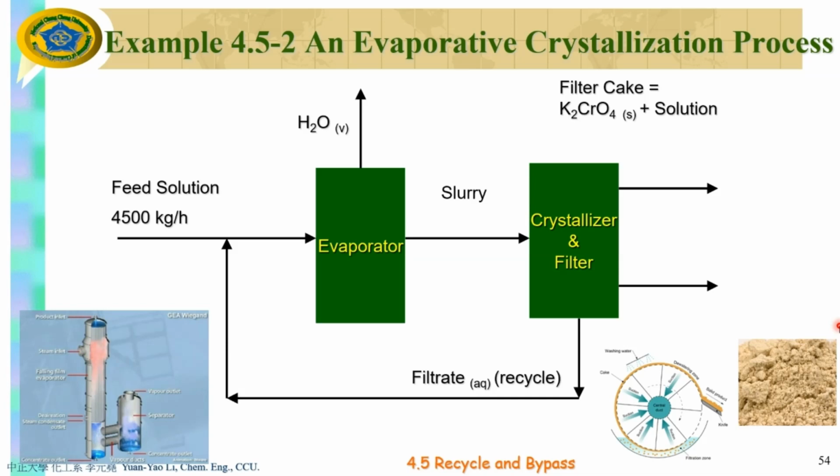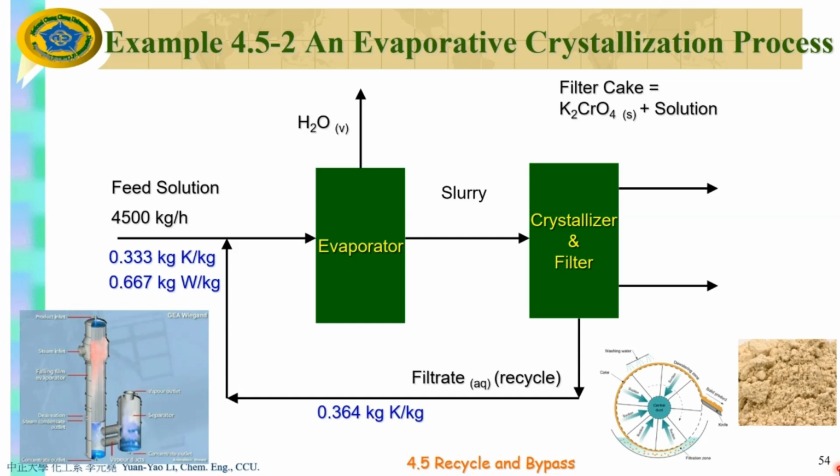Okay, and then let me see. So in the book, this is what we just learned, right? This is 1/3 potassium chromate in this solution. So it's 33.3% potassium chromate and 66.7% water. This is what we know, right? 1/3.